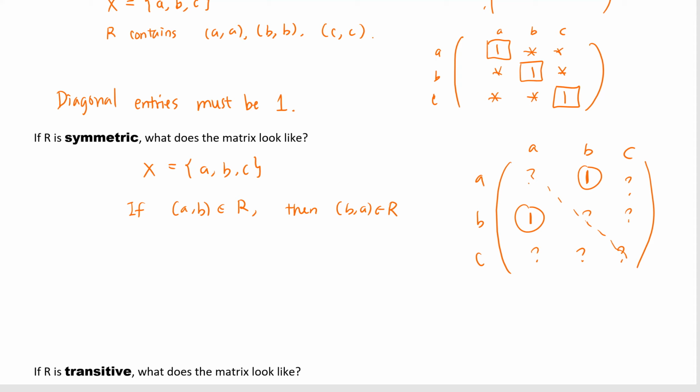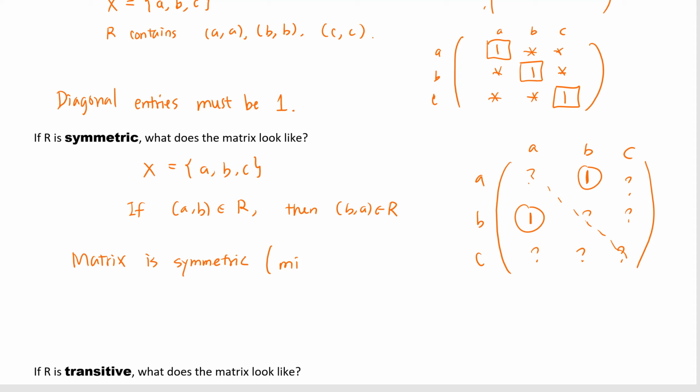So what's special about the matrix? The matrix is also symmetric. What does it mean to say a matrix is symmetric? If a matrix is symmetric, it's a mirror image about the diagonal. Whatever number is here, when you flip it over the diagonal, you get the same thing there.